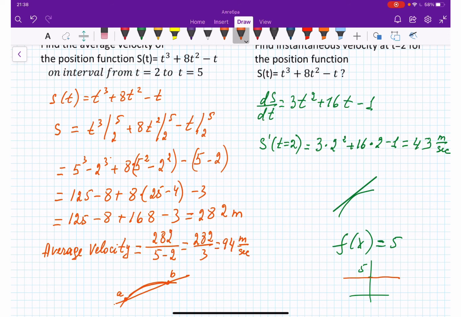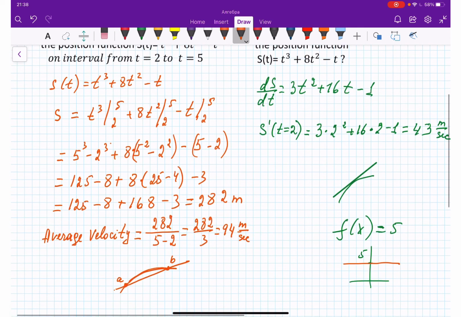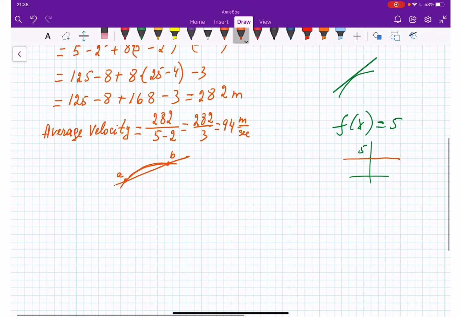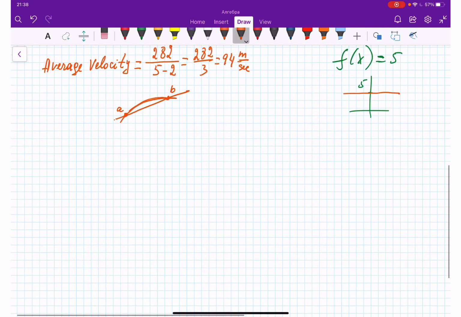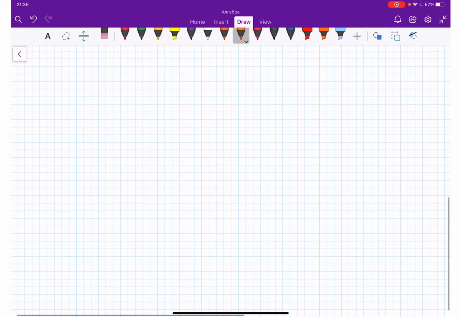This is why when we have positive or negative velocity, it shows one way or the opposite way. All right, so that's all. I hope I made myself clear and you have no doubt about the difference between instantaneous velocity and average velocity.